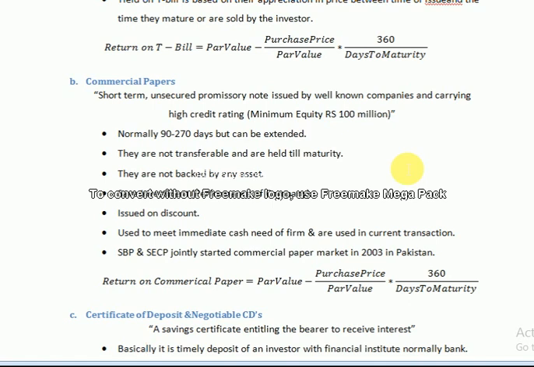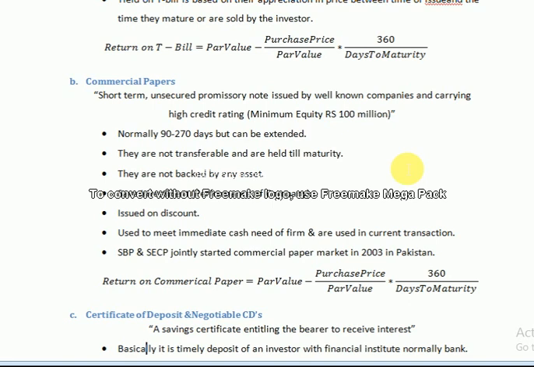T-bonds. T-notes are also bonds issued by governments to generate funds for themselves, and their maturity is up to 10 years, long term. T-bonds, treasury bonds, have the longest maturity among the 3 treasuries. They have a maturity period of between 20 to 30 years with coupon payments every 6 months.